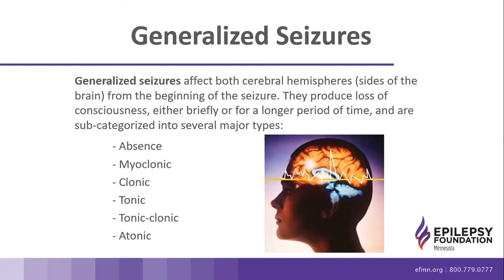Oftentimes, this type will be wearing a helmet because of their potential for injury. Sometimes with generalized tonic-clonic as well, but atonic seizures can be called drop attacks. So sometimes an individual might wear a soft-sided helmet for head safety. But we are going to focus on absence and tonic-clonic.